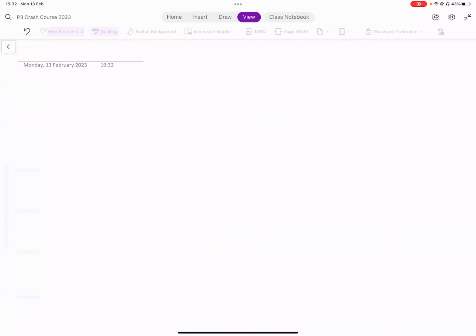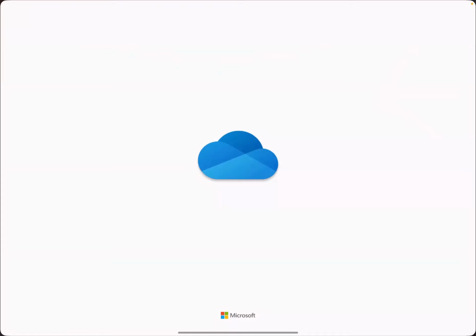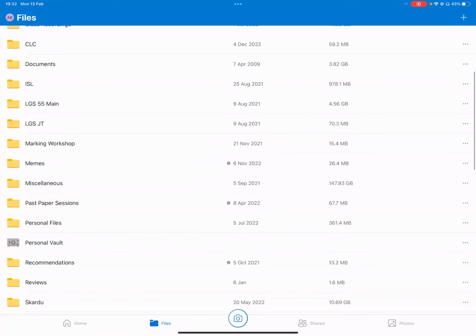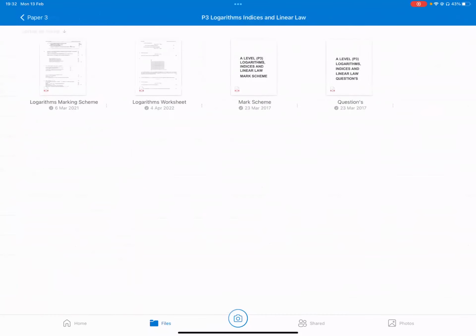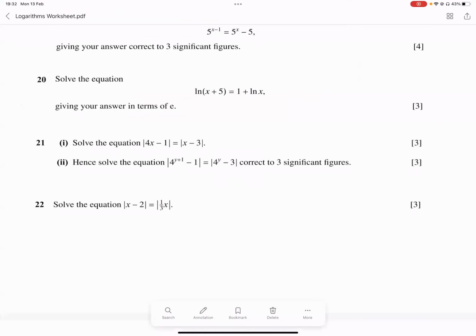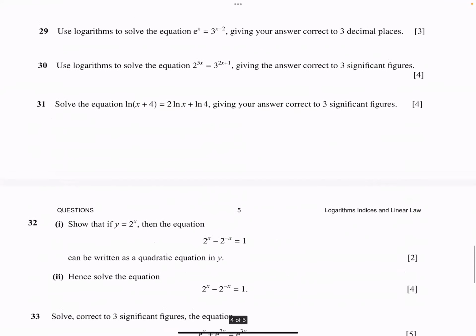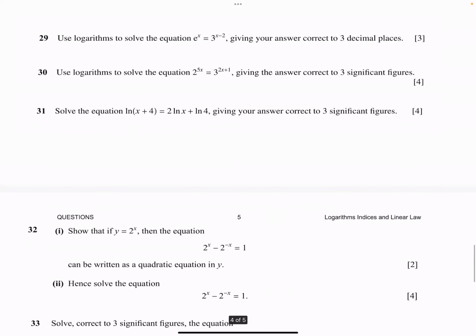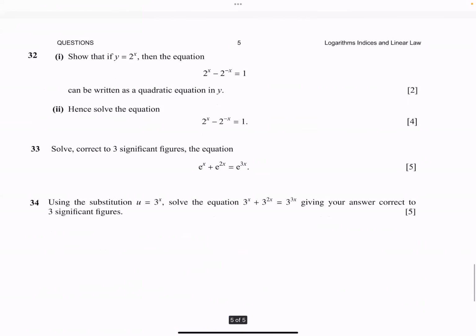So this was question number 19 that we just did. Now let's have a look at another one. This we've already done. Let's try this.